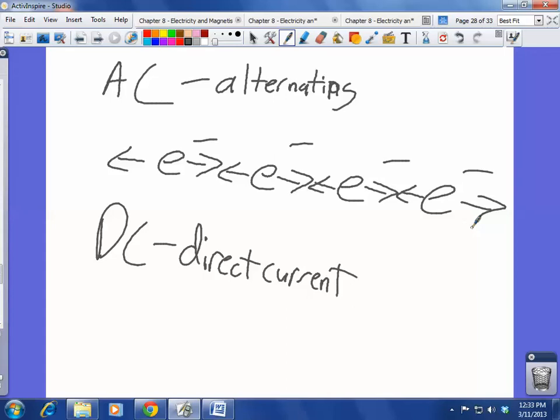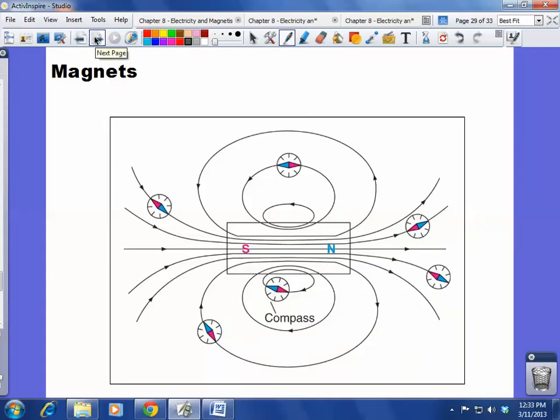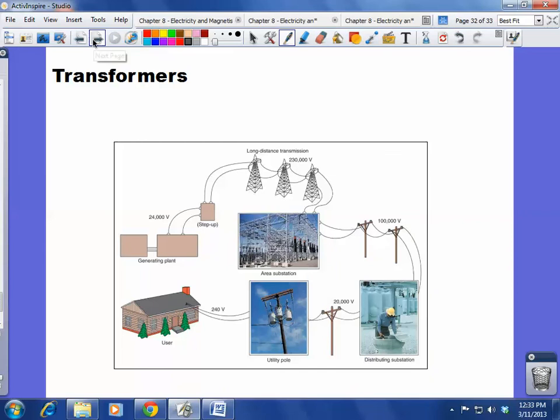So basically what we do at those power plants is we have a really high voltage. Those power lines out there probably have 20,000 volts running through them. Power lines down by the interstate probably have around 230,000 volts running through them. But the power is always going to be the same.